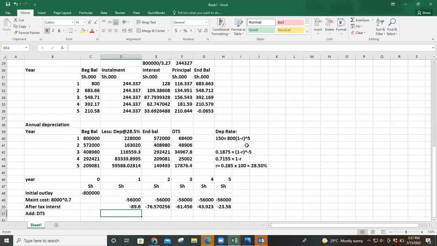So DTS for year 1, we have it somewhere. It's here. Year 2 equals 48. Year 3 equals that one. Year 4 equals that, and finally year 5 equals that.